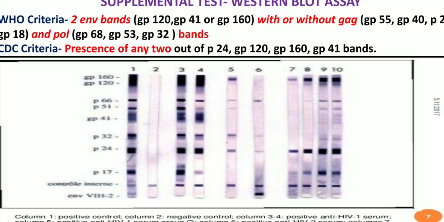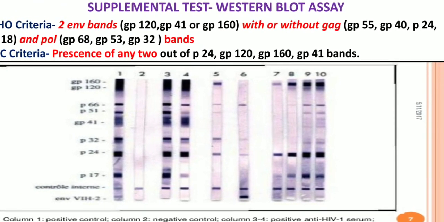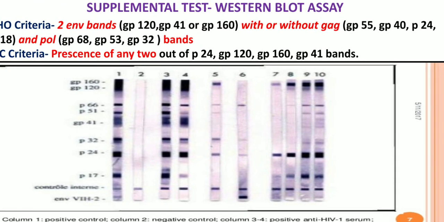as per the WHO criteria, for labeling a person as HIV positive by Western blotting, we require that the patient should have 2 of the ENV bands which code for GP120, GP41 or GP160, with or without GAG and POL bands.